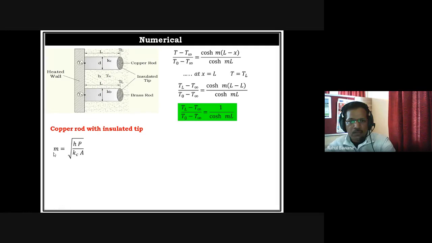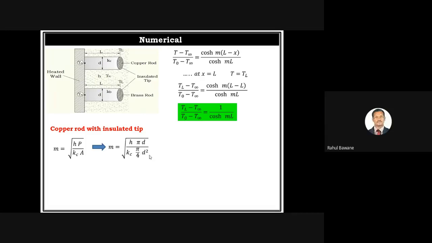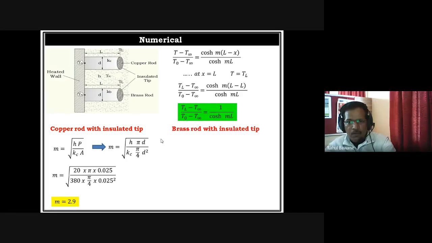Now we have two options, copper rod with insulated tip. So for copper rod, what is m? m is the square root of hP upon Kc into cross sectional area. If I put the values, perimeter will be pi d because it is circular, and cross section area will be pi by 4 d square. Putting in the numerical values, m will be 2.9 for copper.